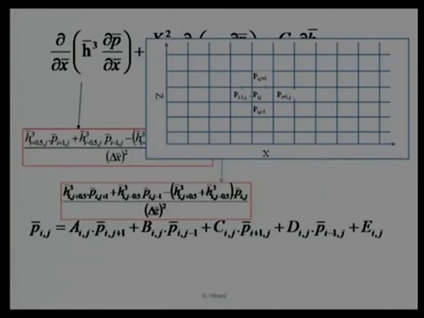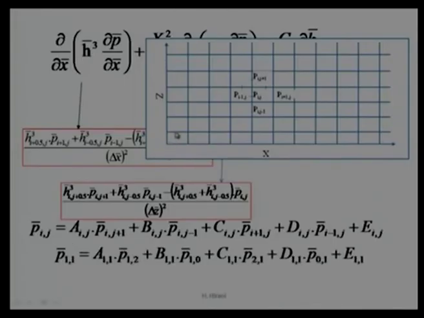We just need to substitute the value of x to find h at that location. So, it is not difficult, and once we find it, we do not have to do any iteration to vary those results, but pressure we need to find, and that requires an iterative procedure.